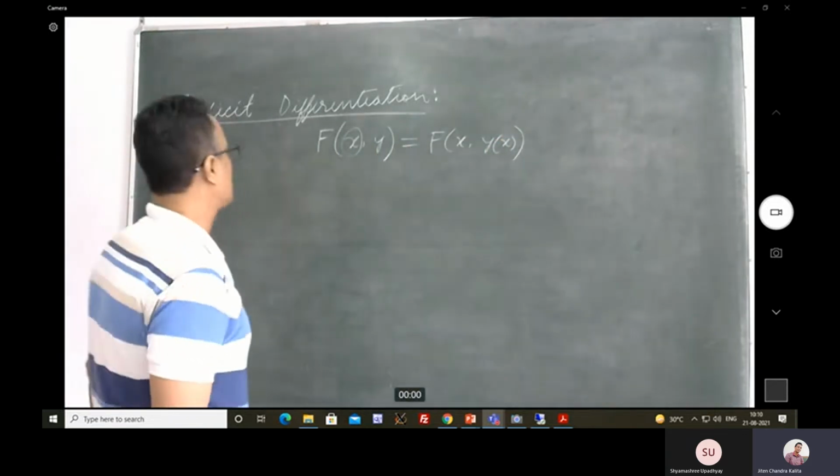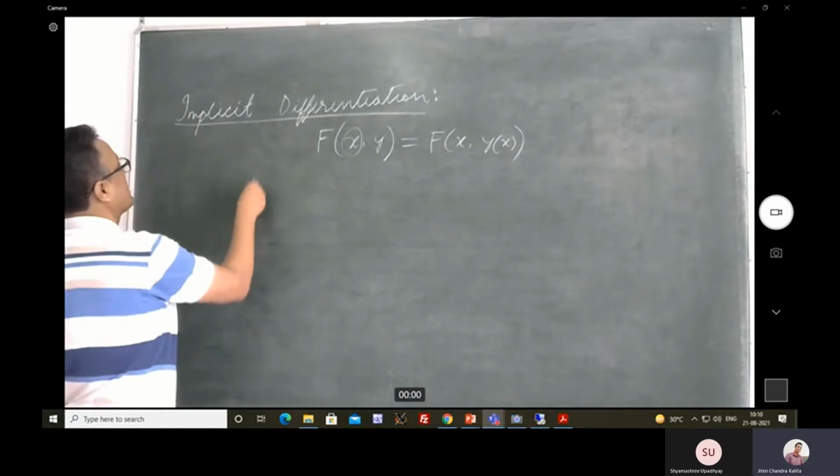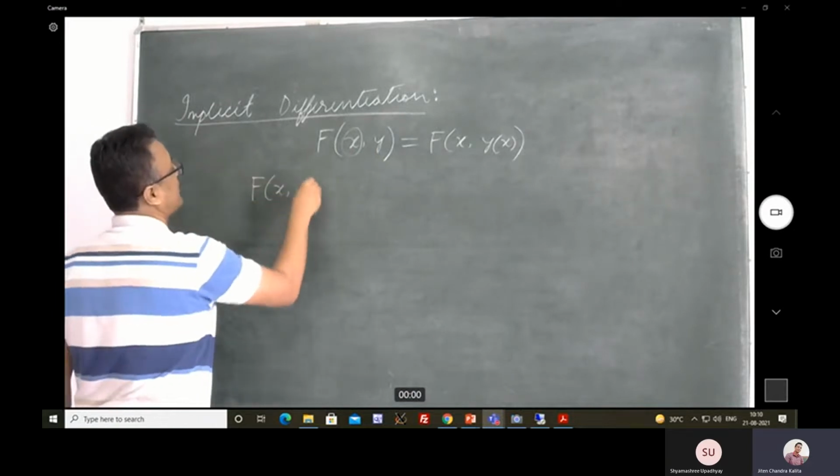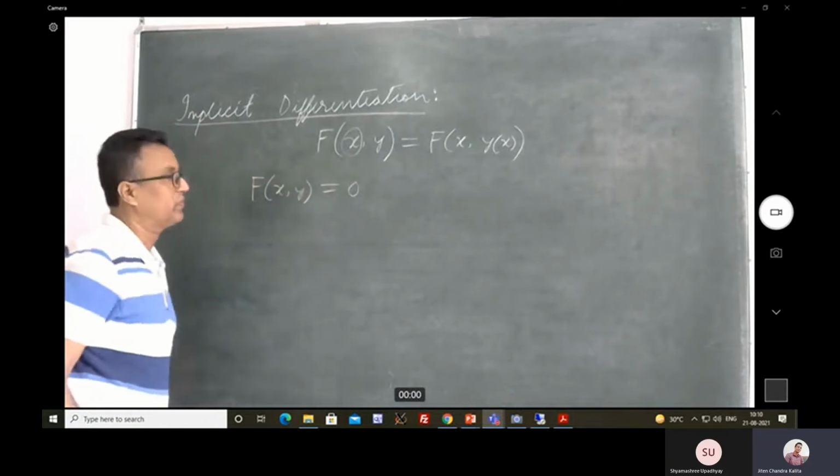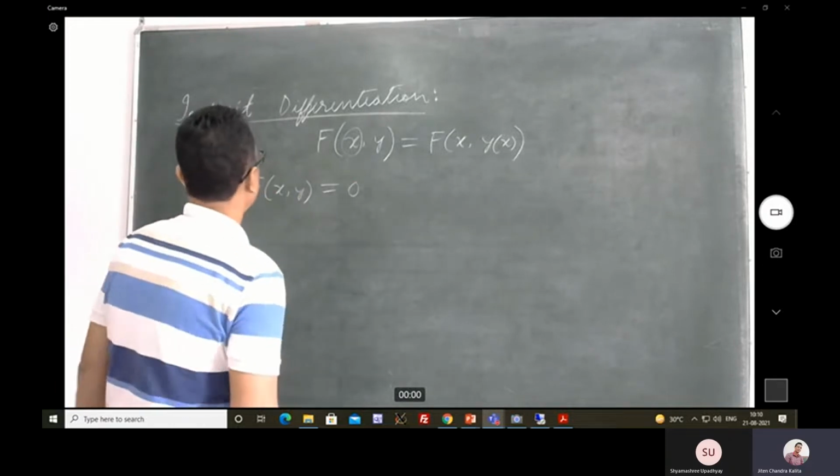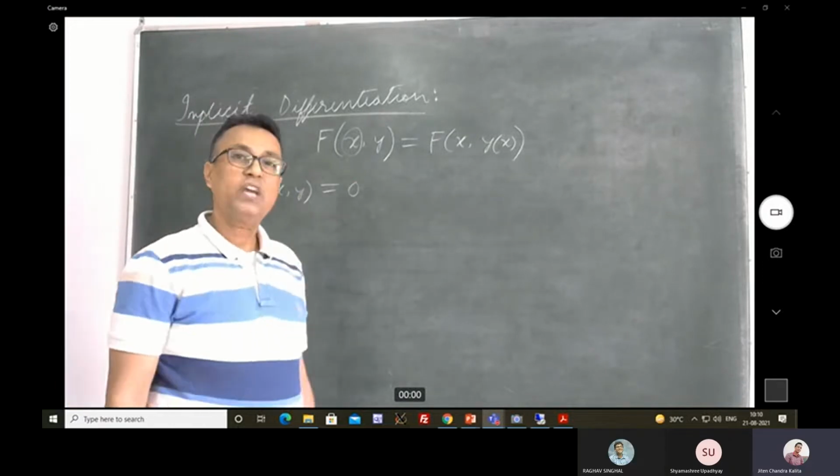Now if you have a relation of this type, F of x, y equal to 0, then let me use the chain rule here.